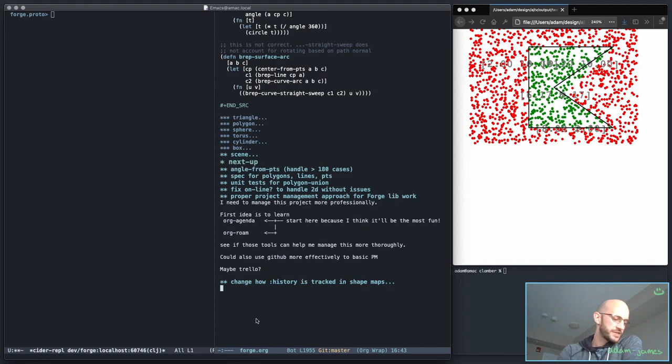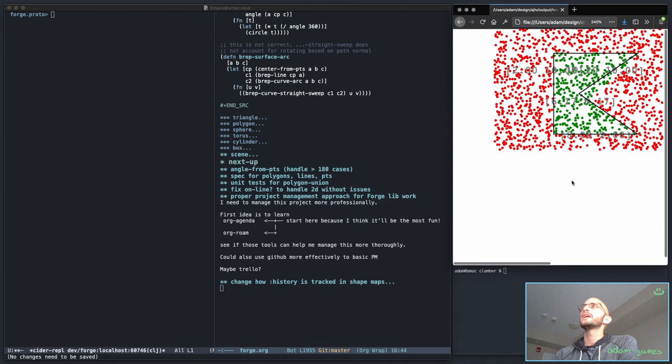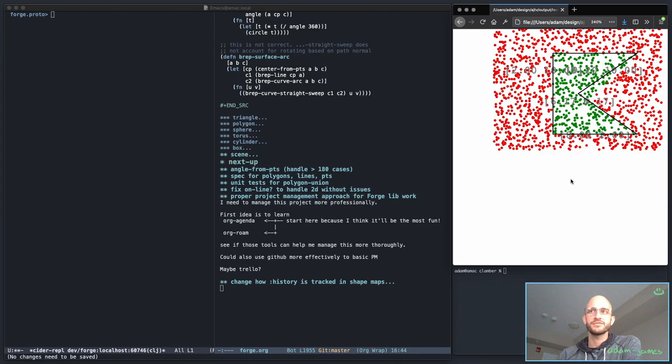I've got nothing left to say really. I think I'm gonna call it a day. Didn't accomplish quite as much today, although I am quite happy I did discover another edge case and fix that, so that's really good. And I'm, let's say, 90% sure that my polygon-union is actually done.